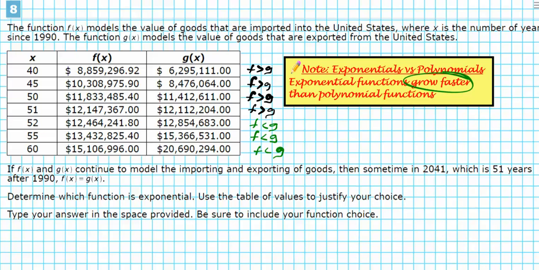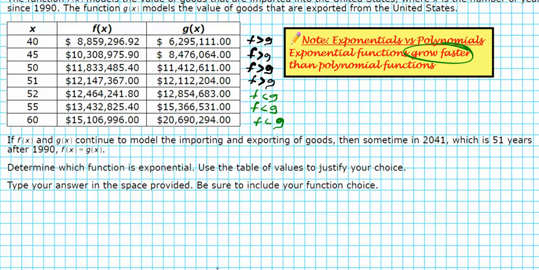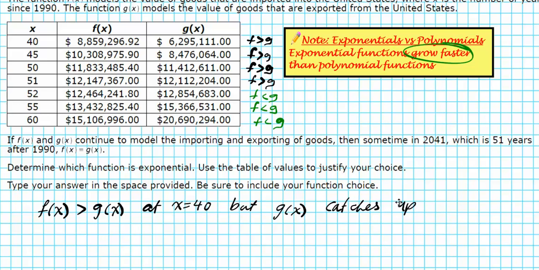All right, so let's write down what our answer is. f of x is greater than g of x at x equals 40, but g of x catches up and exceeds f of x.